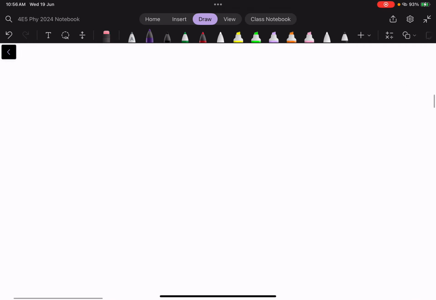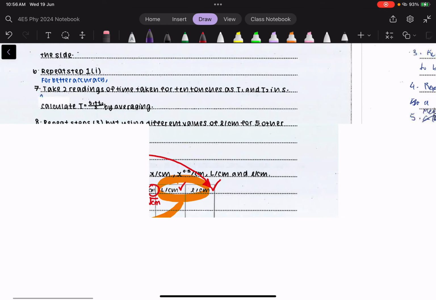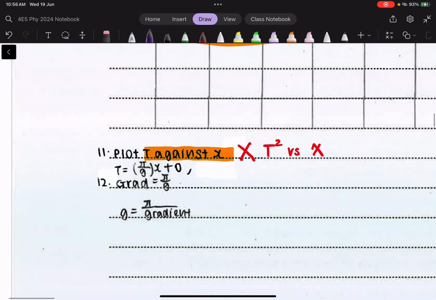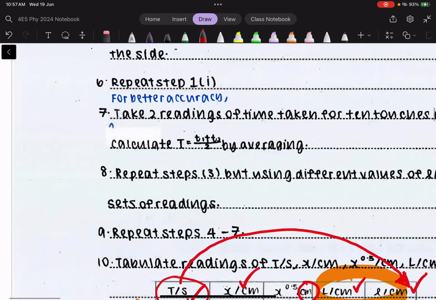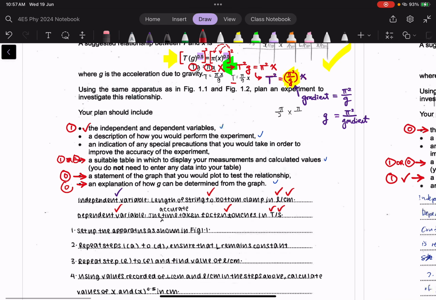So let's see if she have this pi square divided by gradient. So you see the one mathematic error cause this to be wrong. It should be g equals to pi square over gradient. So for her, remember to check the math. So unfortunately, this one she is getting 0.